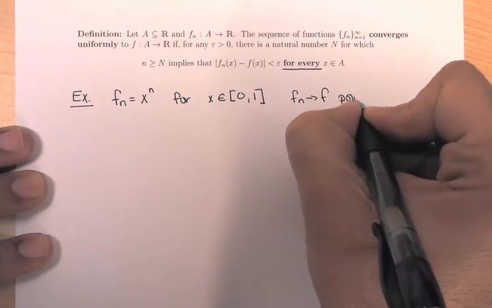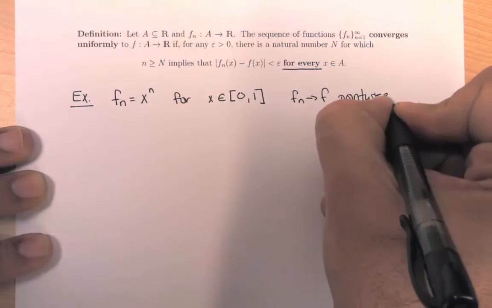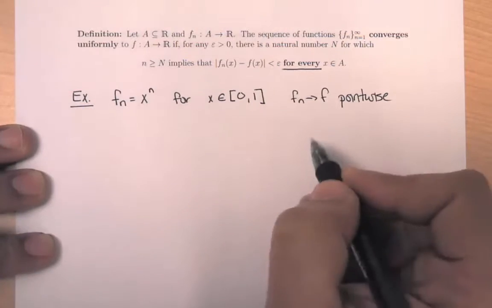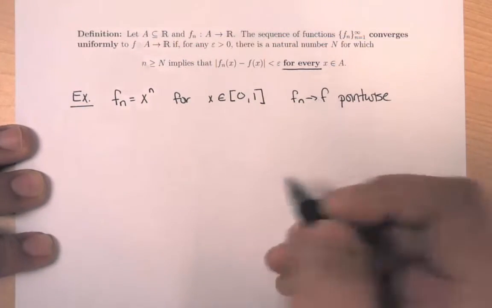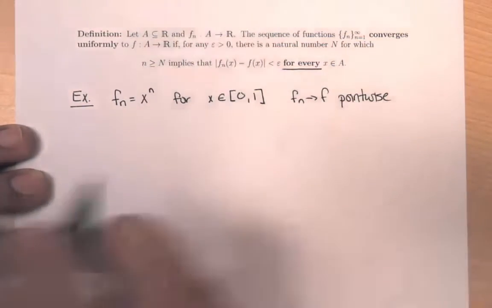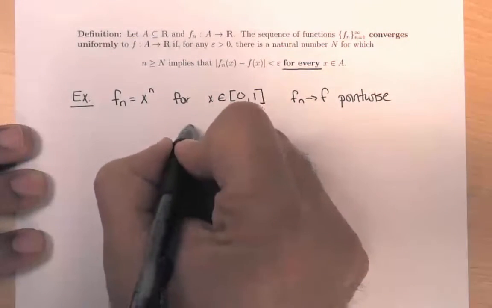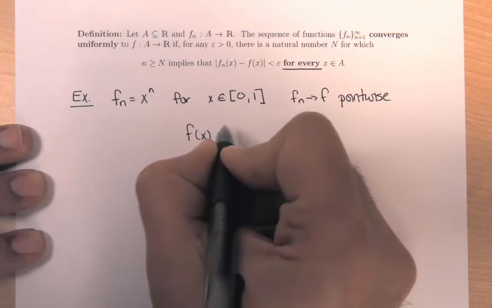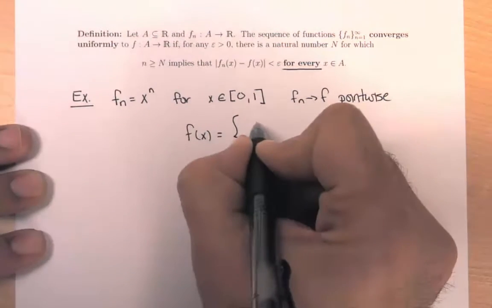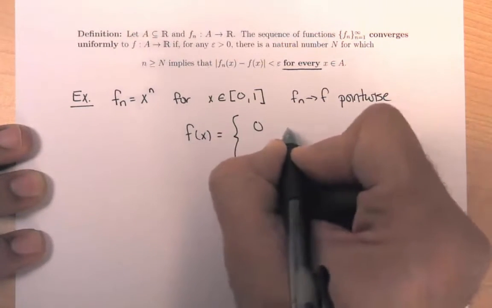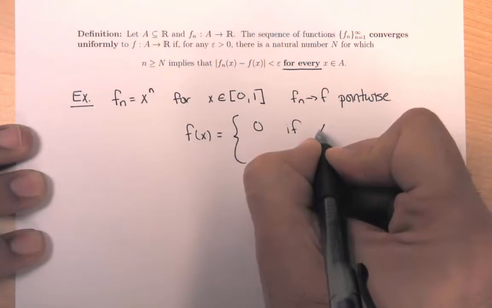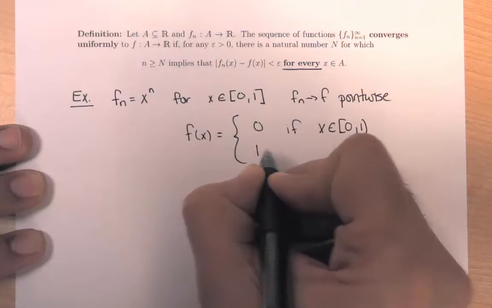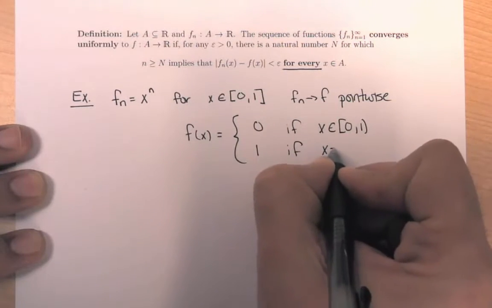And by the way, a bit of notational shorthand, fn to f pointwise means the sequence of functions fn converges to f pointwise. Right, we know it converges to f of x defined by the piecewise function 0 if x is strictly less than 1 and 1 if x equals 1.